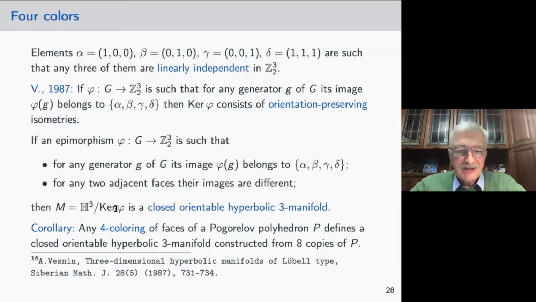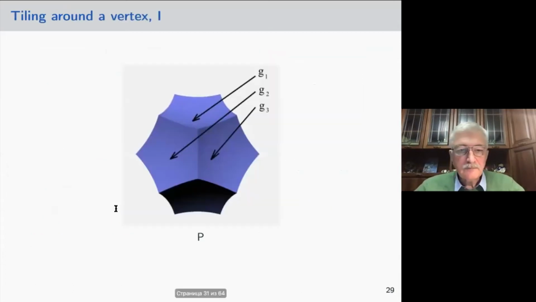To define such an epimorphism, we really need just to give a 4-coloring, as usual coloring of the map, of our polyhedra, just usual polyhedra on the sphere. So this is just a general case of the 4-coloring problem. Also our graphs are 3-valent graphs. And we construct the manifold from 8 copies, since our subgroup is of index 8.